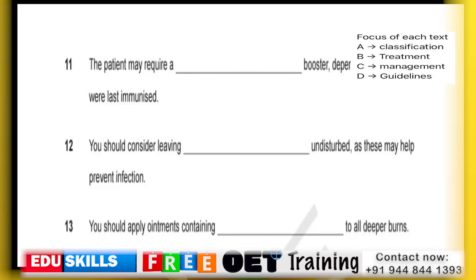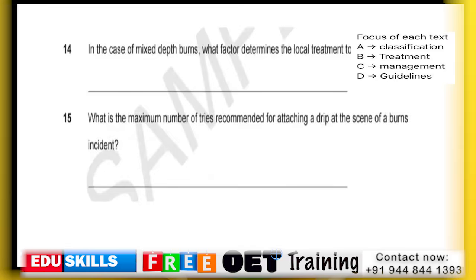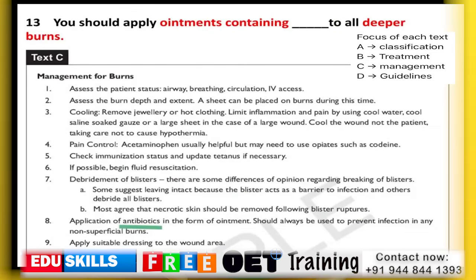Can you please tell me which text this is from, A, B, C or D? C. Management. So let's go to the option management. Point number 8, application of antibiotics in the form of ointment should always be used to prevent infection in any non-superficial burns.